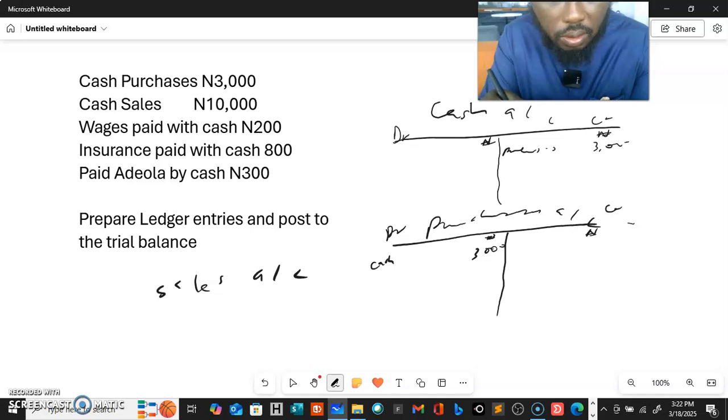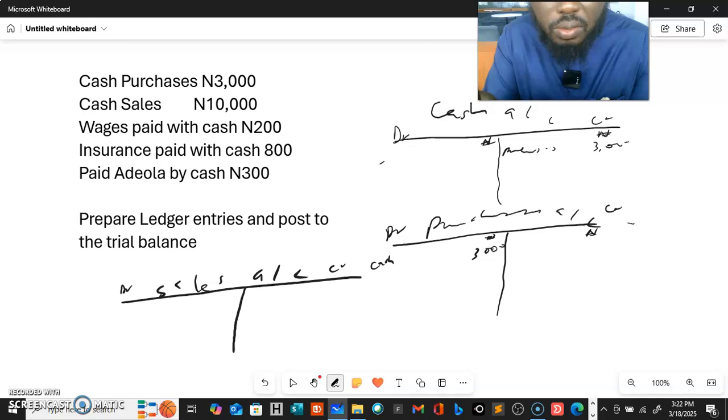We have debit, we have credit. When we sell, we are receiving cash and giving out the stock items. So in this case, we are receiving cash, so we debit the cash account.